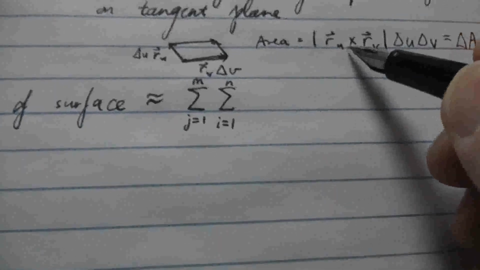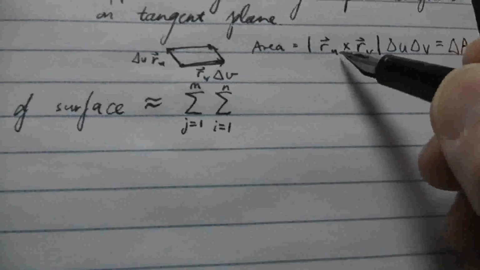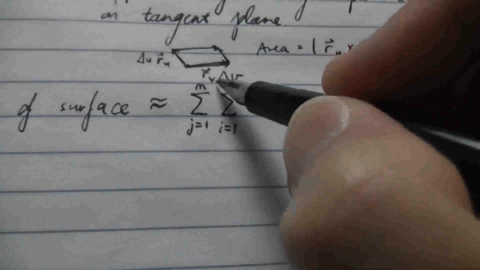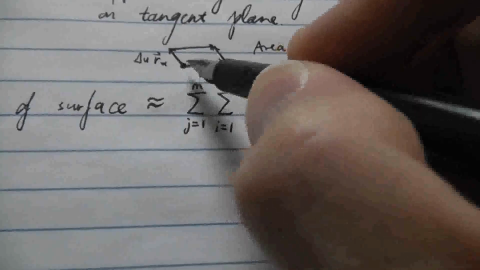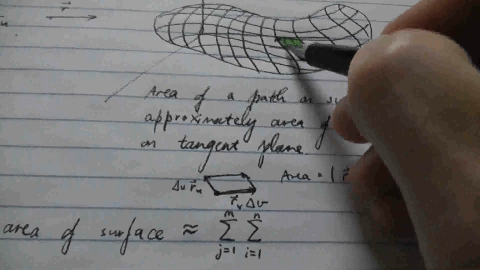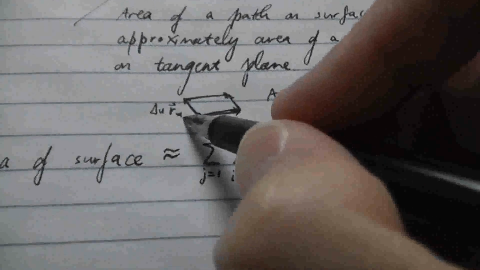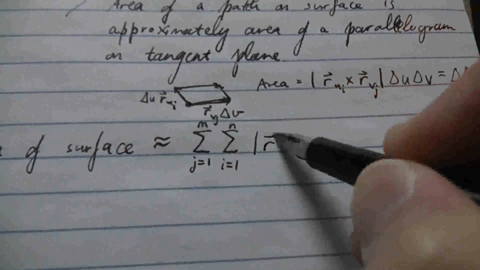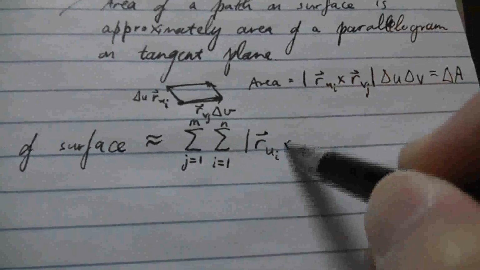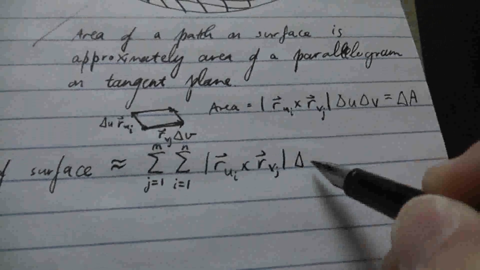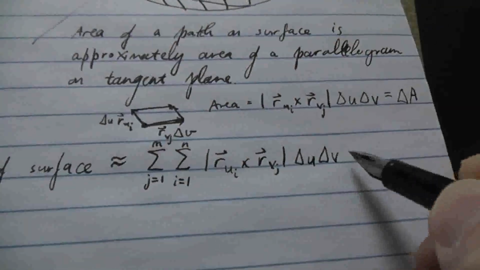So this would be some u_i and v_j. This point on the surface is r of u_i comma v_j. And so what we have here is r_u at i cross r_v at j, times delta u delta v.